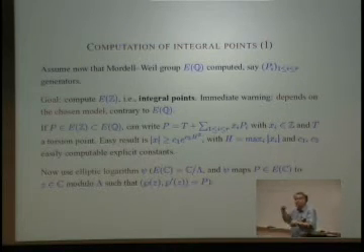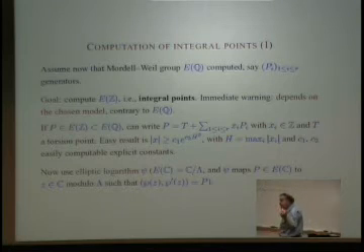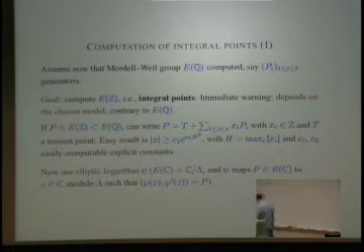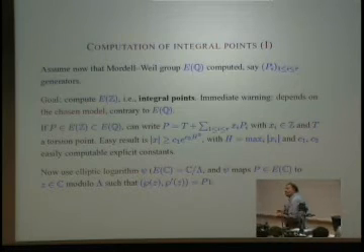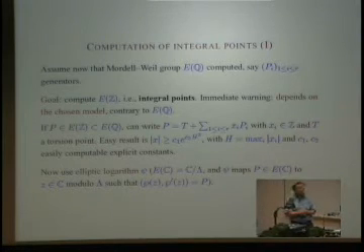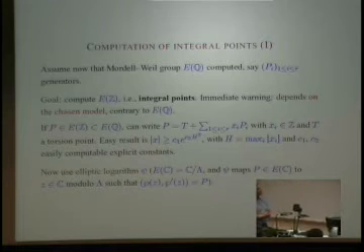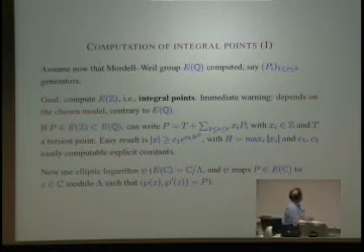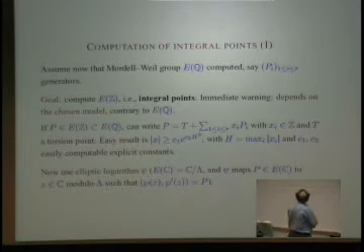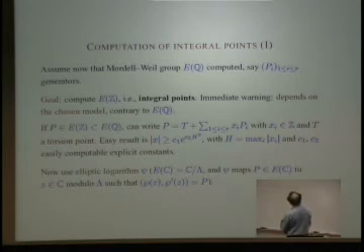But then you can make some coordinate transformation, you get another model, and the integral points in that other model are not the same as the integral points in the first model. So the integral points depend really on the model. On the other hand, the rational points do not. But anyway, let's forget this. We have a given model. So by abuse of notation, I will write this as E of Z.